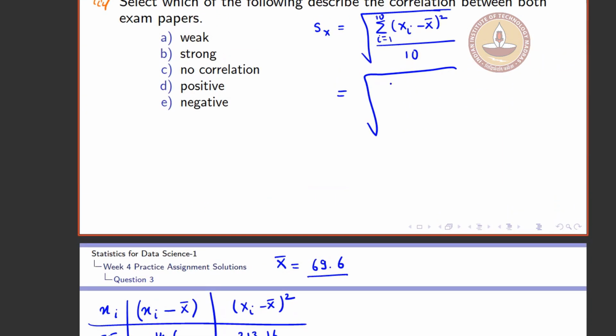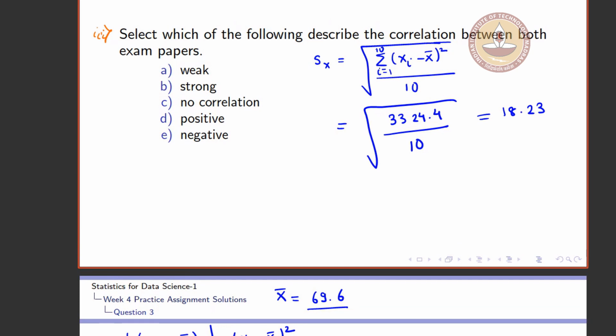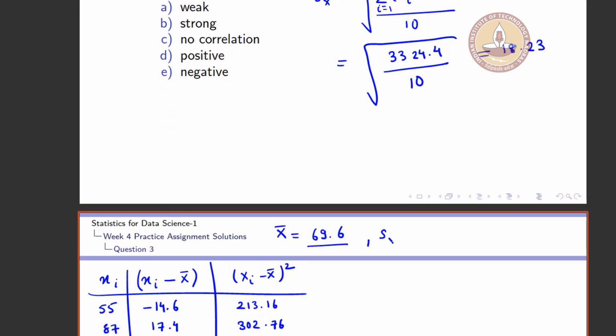So this is 3324.4 divided by 10. That is equal to 18.23. So this is my Sx. What is Sx? Sx is 18.23.